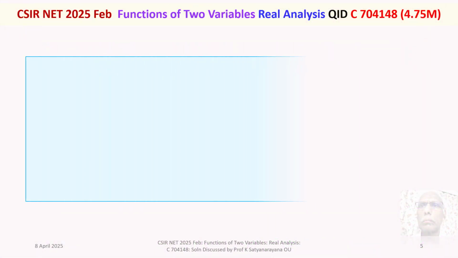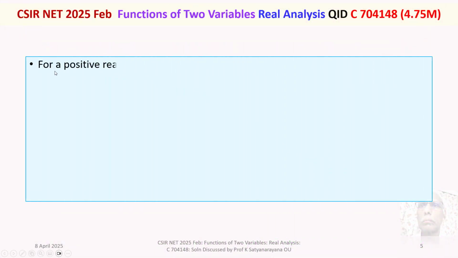Right. The given question is, for a positive real number a, square root of a denotes the positive square root of a.